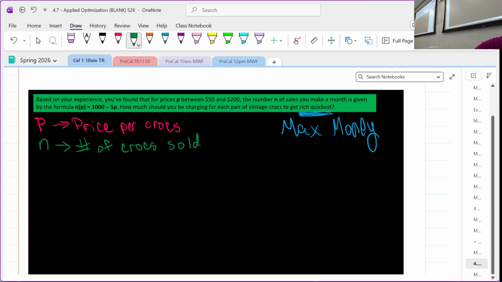So how do I figure out my profit? Or my money coming in? N times P. And this is what I want to maximize, but I've got two variables in there. So I go back to the other formula they gave me.